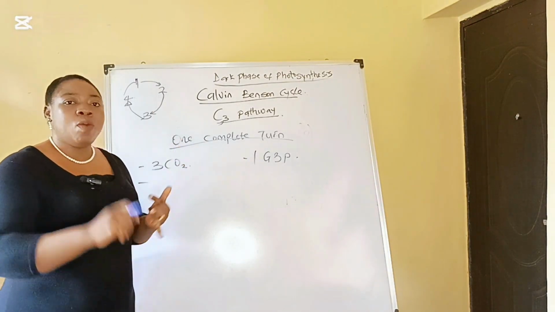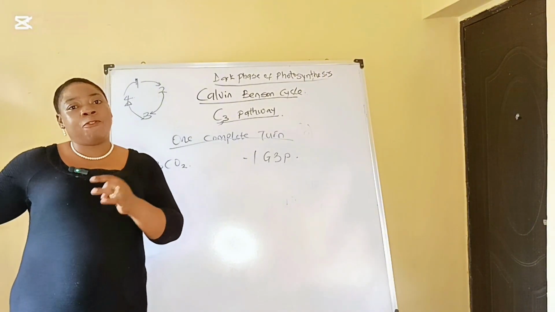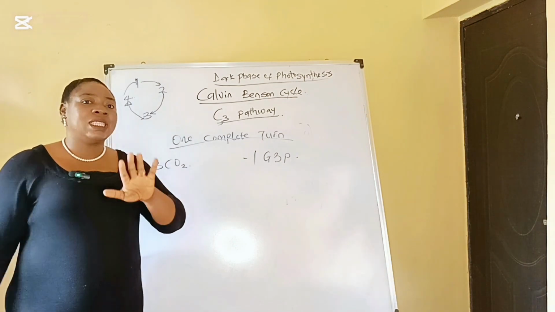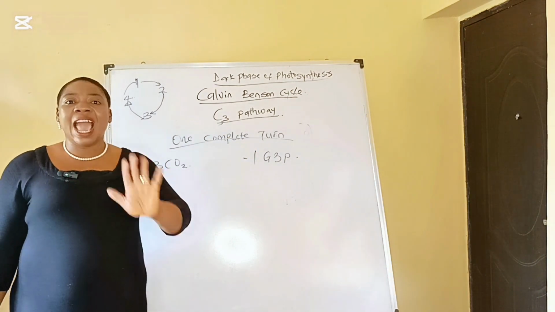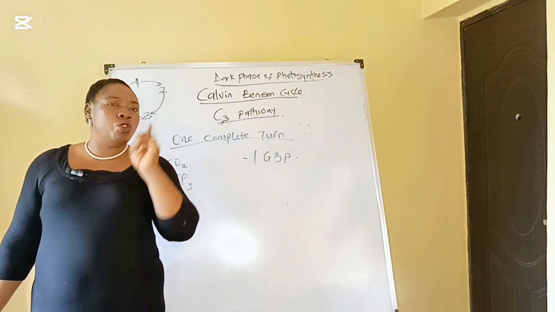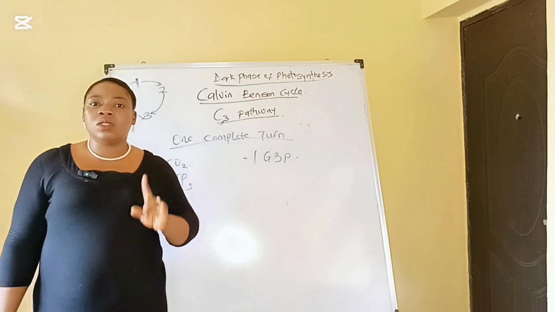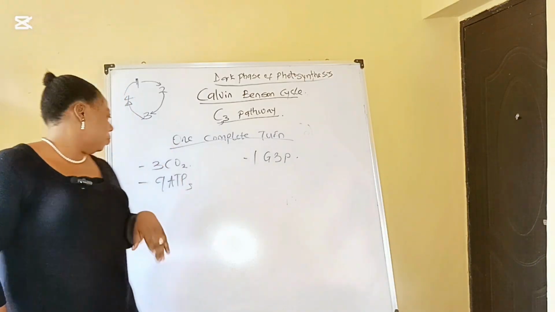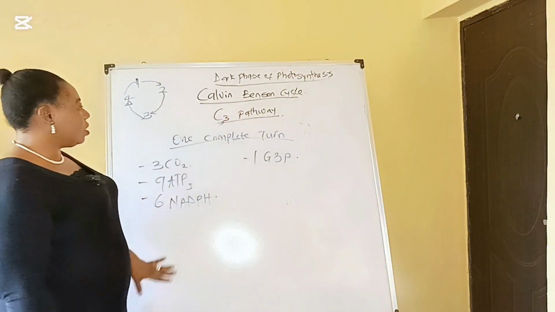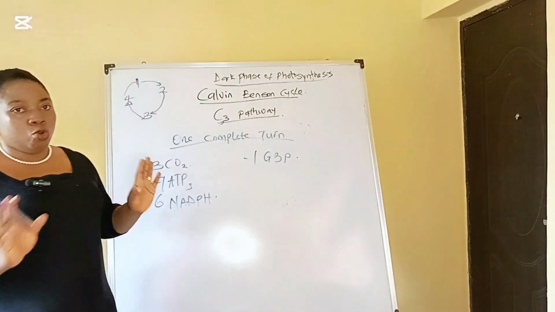At step 2, we make use of 6 ATP, and at step 4, we make use of 3 molecules of ATP. So in total, for this cycle, we make use of 9 molecules of ATP. Also, at step 2, the reduction step, we make use of 6 molecules of NADPH. So for one complete turn, these are what is used, to eventually give us glucose.